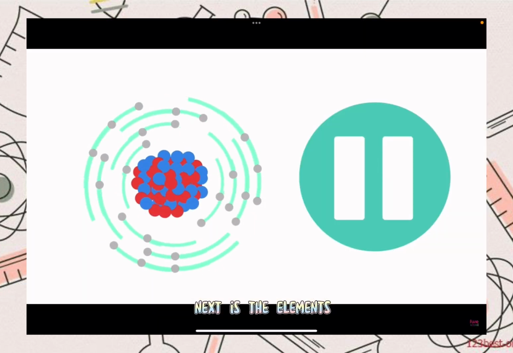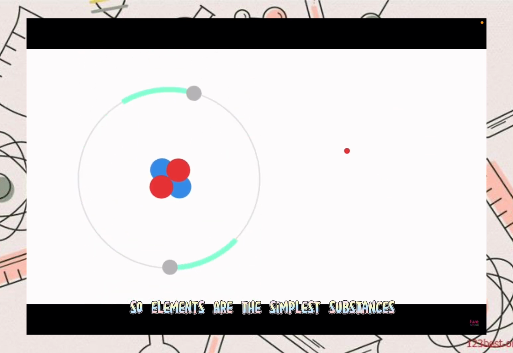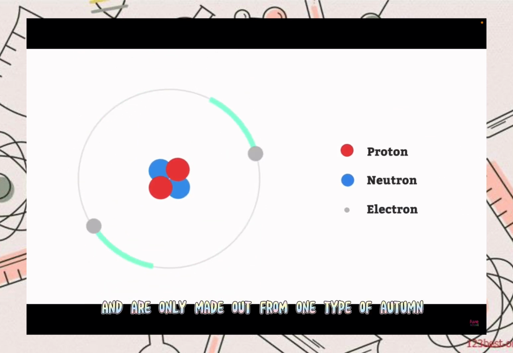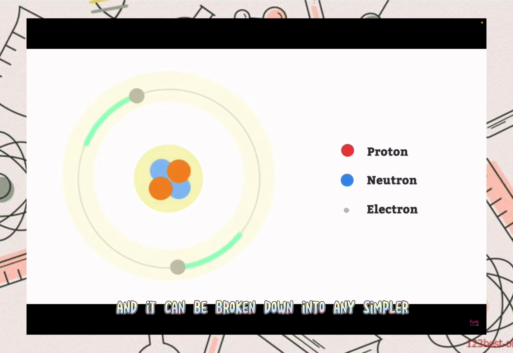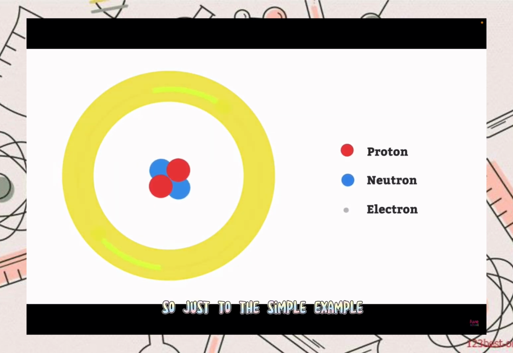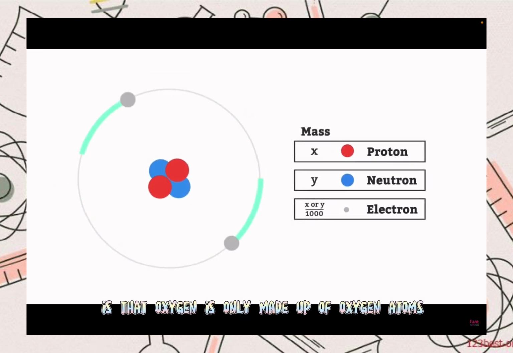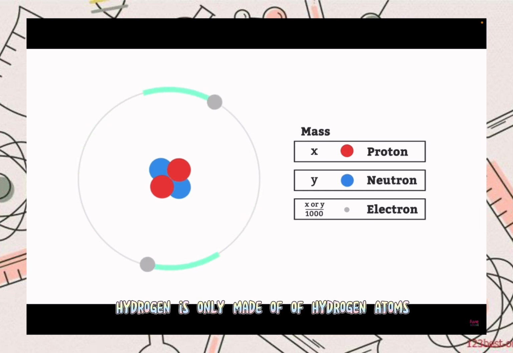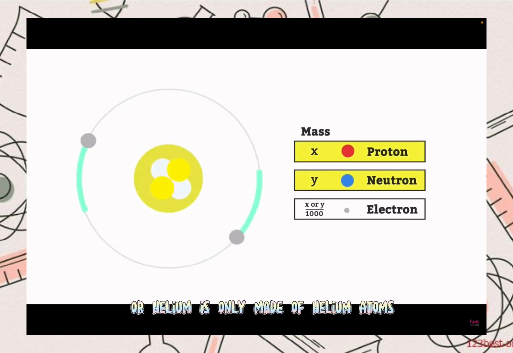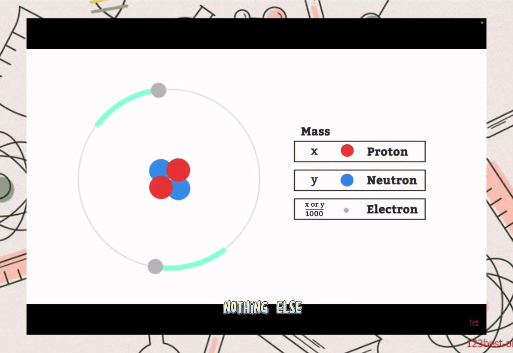Next are the elements. Elements are the simplest substances and are only made up of one type of atom, and they cannot be broken down into anything simpler. Just take a simple example: oxygen is only made up of oxygen atoms, hydrogen is only made up of hydrogen atoms, and helium is only made up of helium atoms, nothing else.